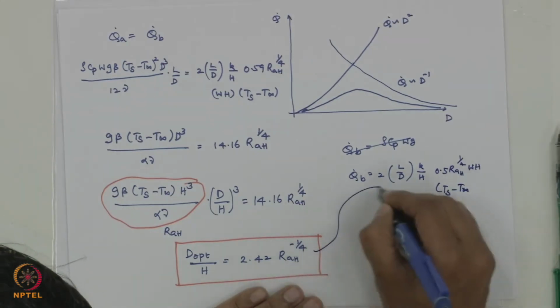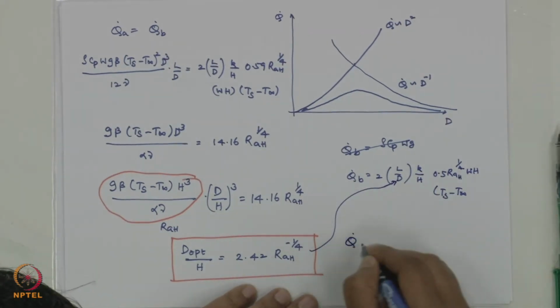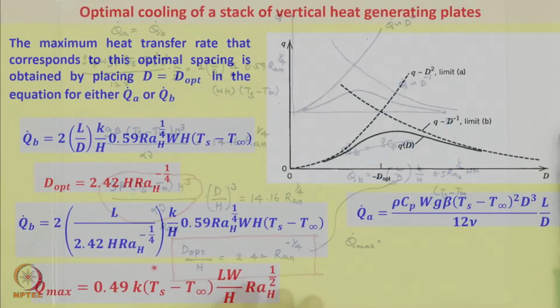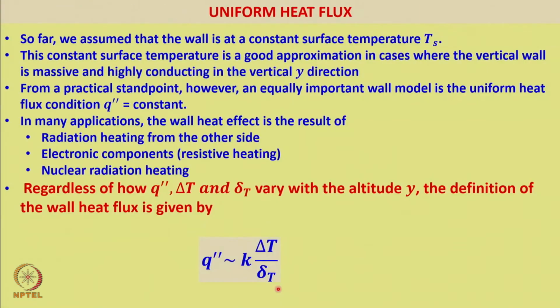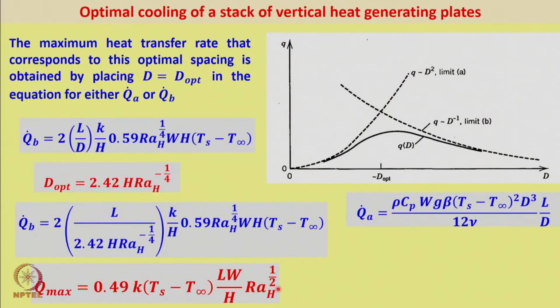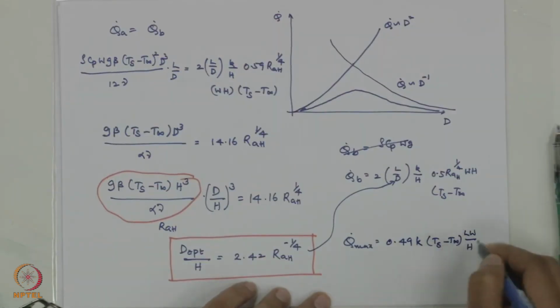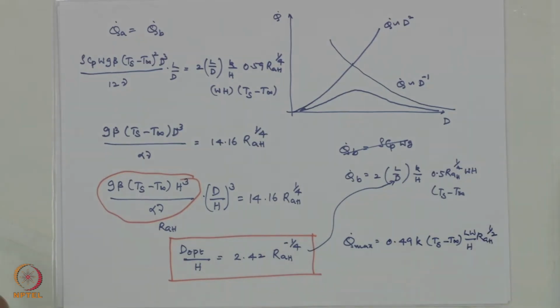If you substitute this D optimum here, you are going to get Q dot maximum equal to, if you just come to the slides, if you substitute this 2.42 for D optimum and do the algebra, 0.49 K into (Ts minus T infinity) into LW by H into Rayleigh number to the power of half. You see the power?